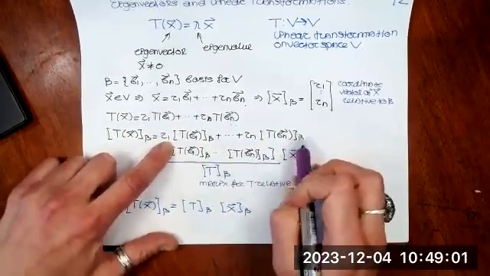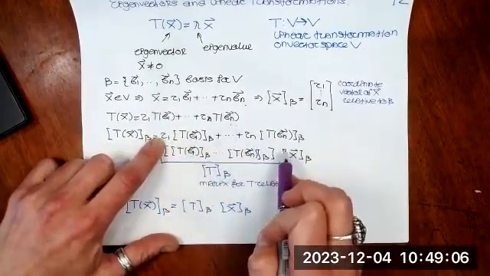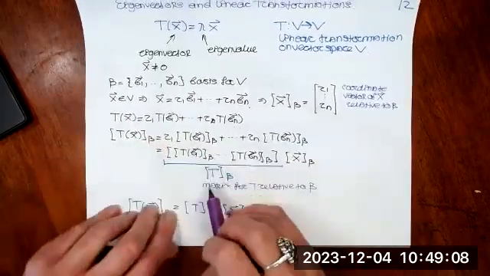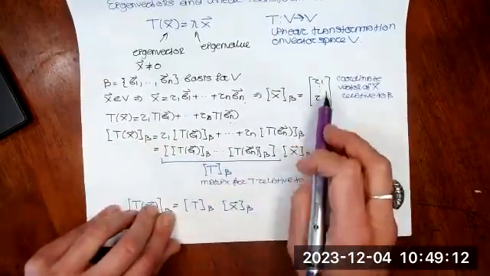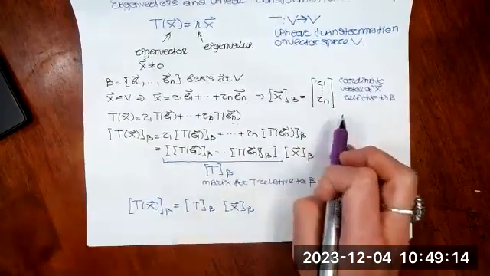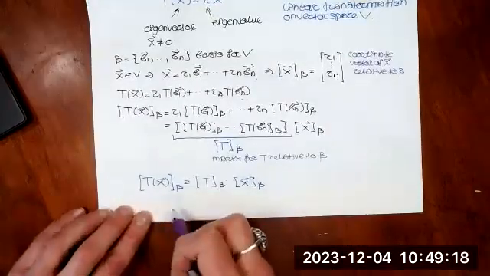Again I have weights multiplied by column vectors, so I can rewrite it as a matrix multiplied by a vector that consists of my coordinates. That's how we got this representation.